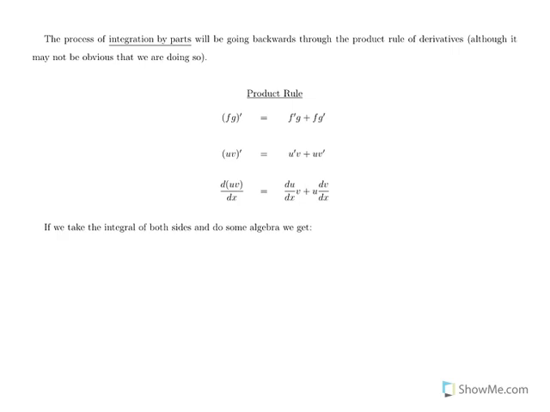So first, let's introduce the product rule again. If we have two functions multiplied together, in this first case, f times g, and we take the derivative of the first times the second plus the first times the derivative of the second, f prime g plus f g prime.